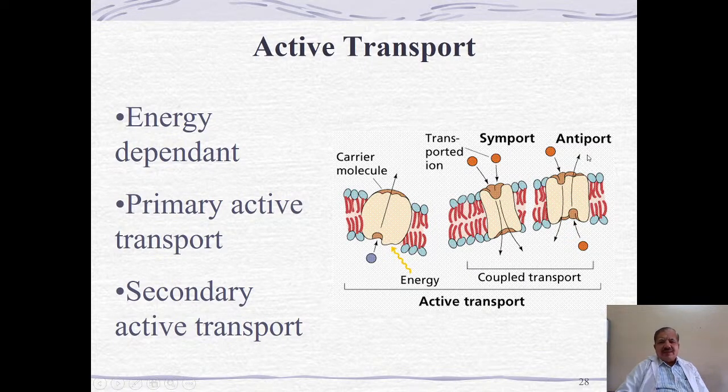That is called antiport. Sometimes a single thing will come in, sometimes two things, that is symport. Antiport and symport, you know now. Antiport is when one ion is coming inside and one ion is going outside. So this is through energy.